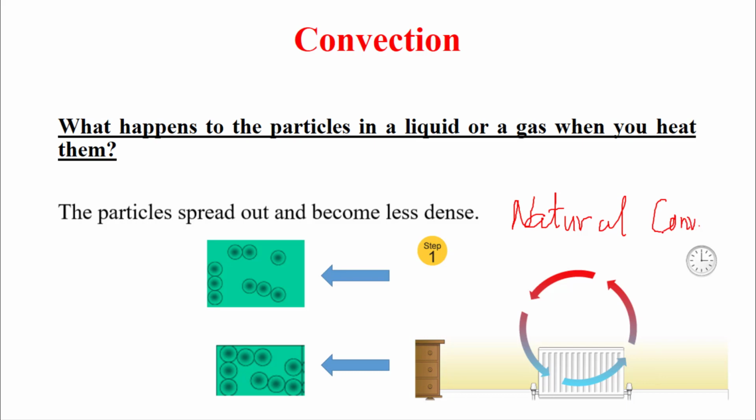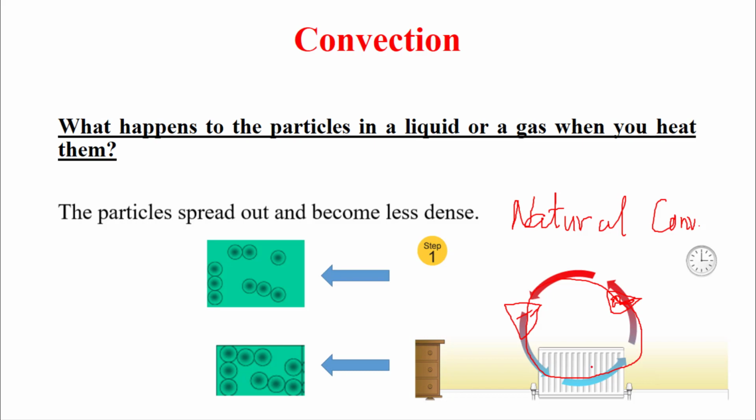Why do we call it natural convection? Because fluids will circulate based on the density change, based on the difference in their density. This is the reason for the movement of the liquids.